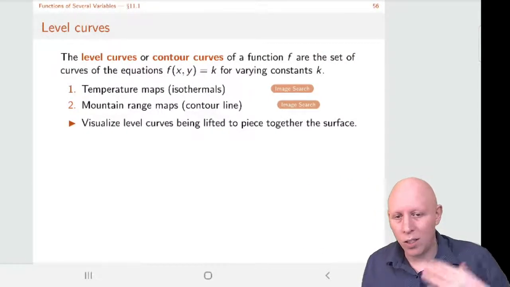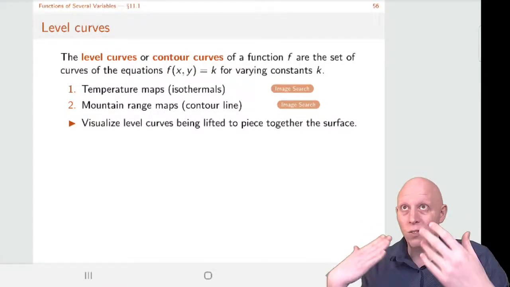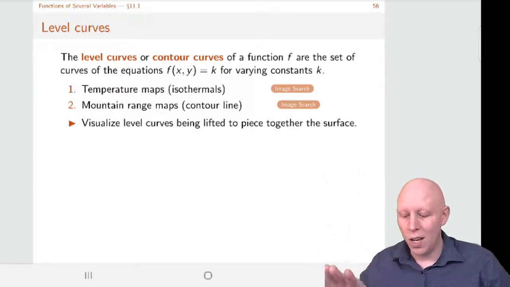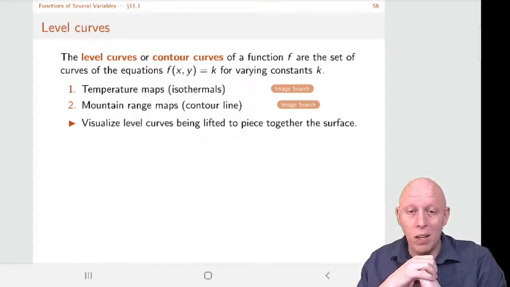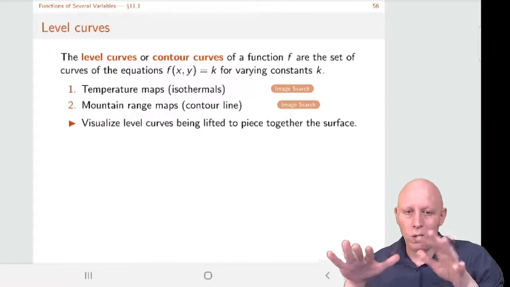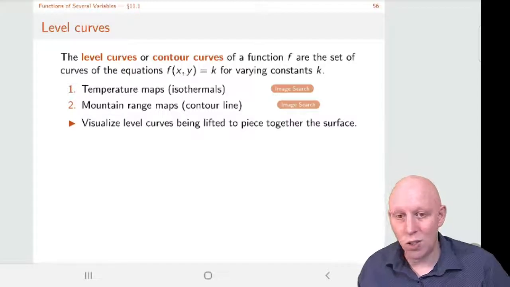If you're trying to graph this function, to understand how the function looks in three dimensions, having these slices of the same elevation or the same temperature gives you a good feel for how to piece together the surface that represents the function over the domain.